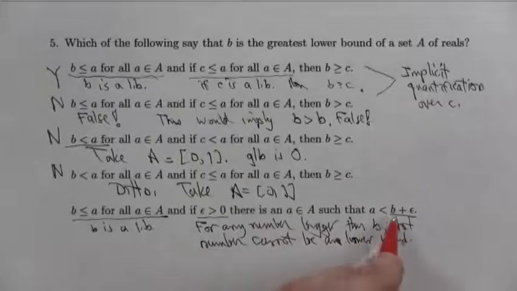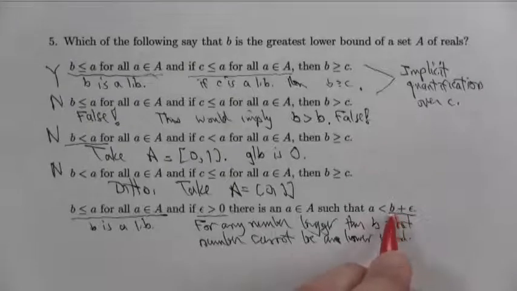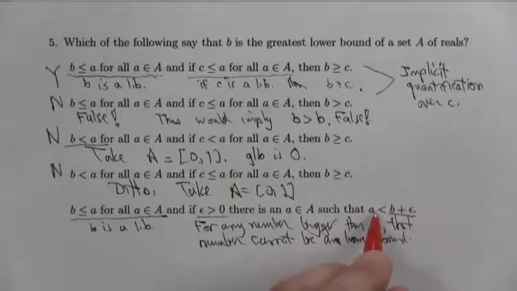Okay. For any number bigger than B, it can't be a lower bound because it's already beyond something in the set.